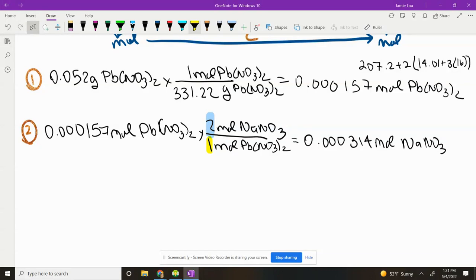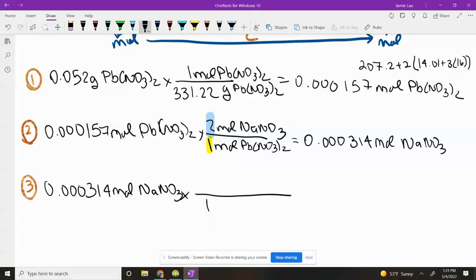So my final step, I want to convert this to grams. So I take my 0.000314 moles of sodium nitrate, and I convert back to grams of sodium nitrate. So if I look at the periodic table, sodium has an atomic mass of 22.99.